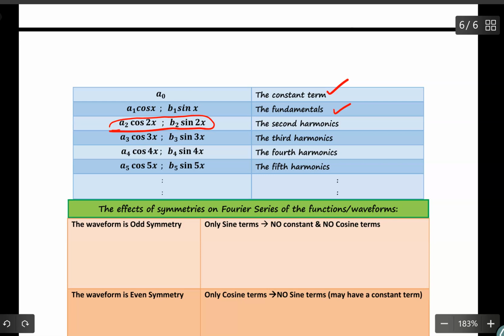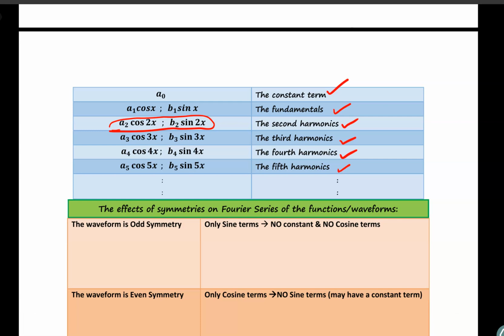The coefficients starting with a2 and b2 are called the second harmonics. Each of these terms is called a harmonic. So a3, b3 with cos 3x and sine 3x is called the third harmonic. a4 cos 4x and b4 sine 4x is called the fourth harmonic. If it's a5, it's called the fifth harmonic, and so on. It's just terminology that we have to remember.